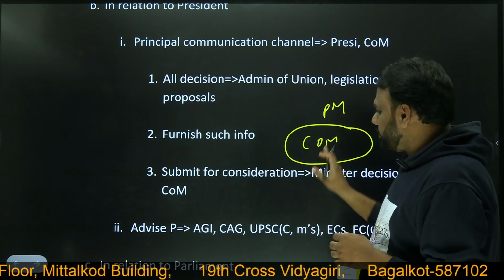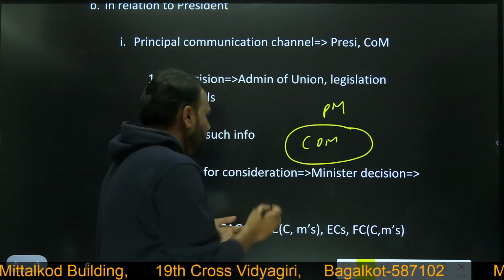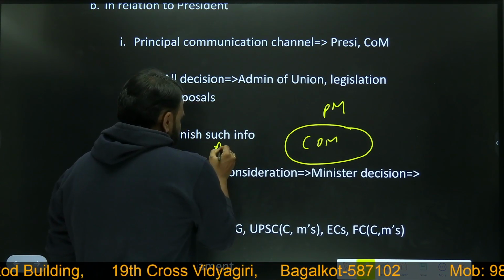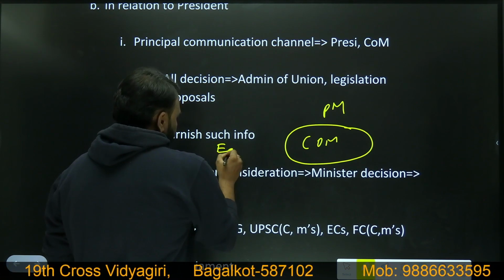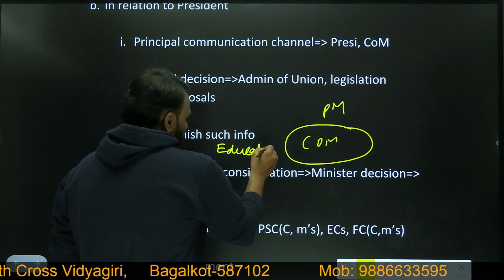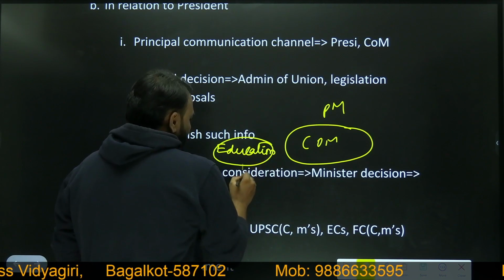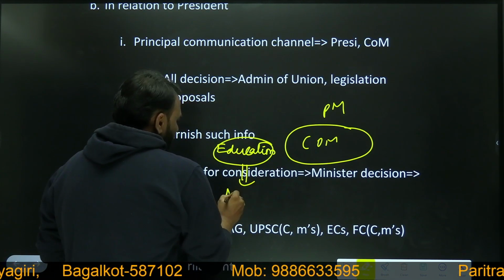Now let us assume in the Council of Ministers we have different ministers. I'll take the example of the Education Ministry, the Education Minister. Now this Education Minister has a plan to build a new medical college.